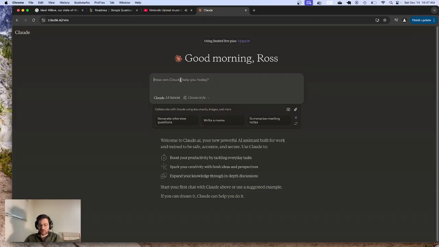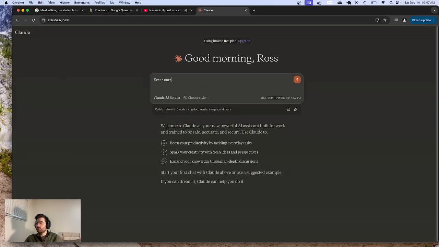So let's just double check that statement I just made. Error correction in quantum computers is when avoiding decoherence, or maybe I should say unexpected decoherence, right? Better that.